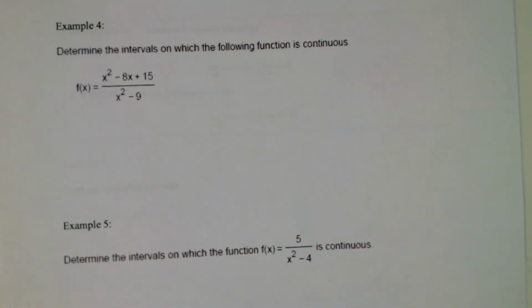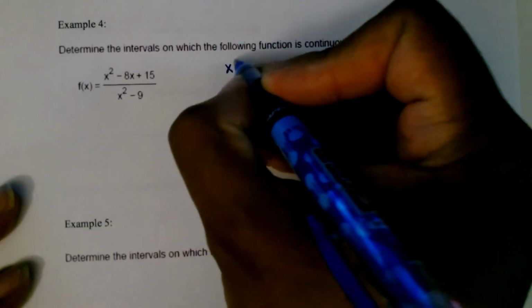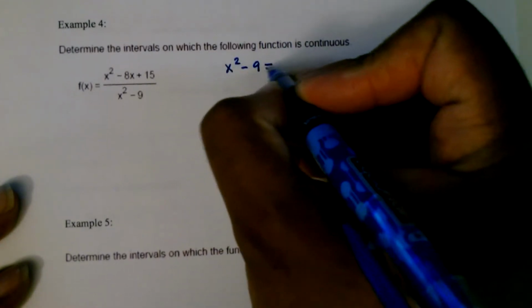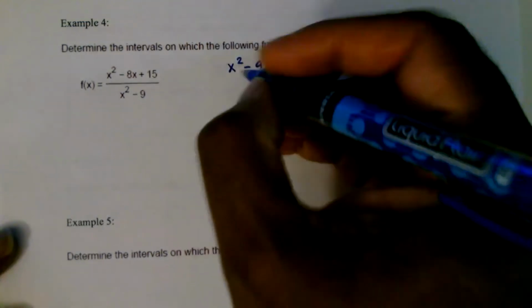So what we need to do there is take our denominator of x squared minus 9, set that to be equal to 0, because I want to find out what values of x will give me a 0 in the denominator. And I will exclude those. So it'll be continuous everywhere except those x values.